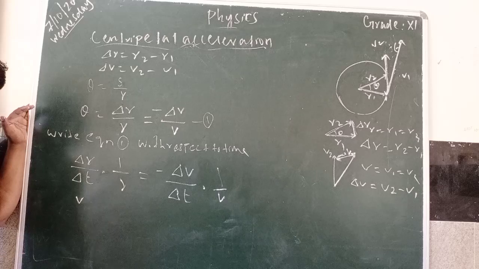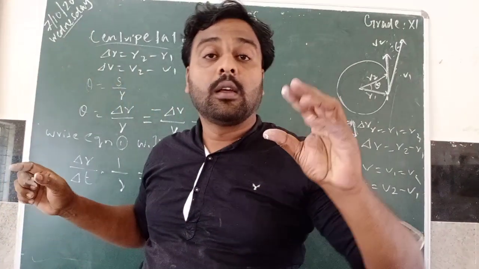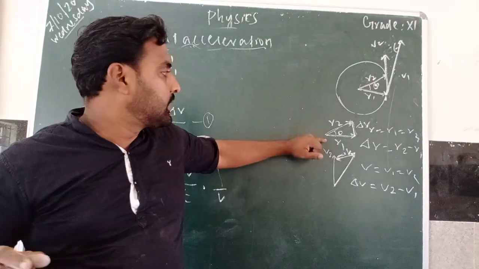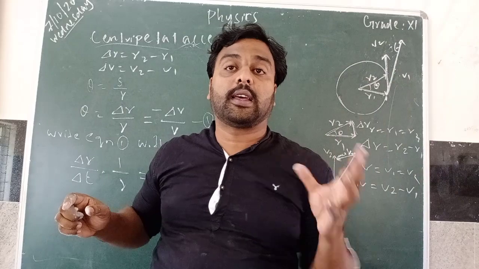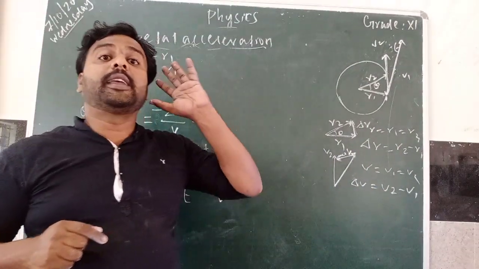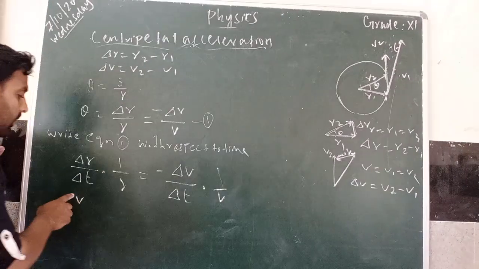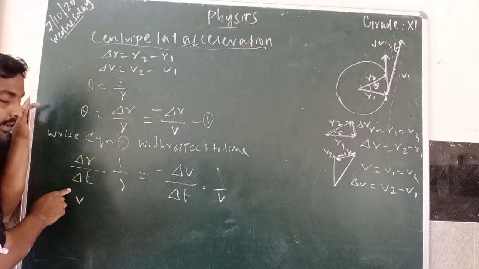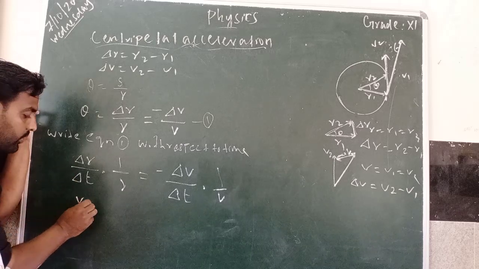Delta R is the change in position vector between R1 and R2, which is equal to the displacement. So you can write delta R by delta T, that is displacement by time, as V.